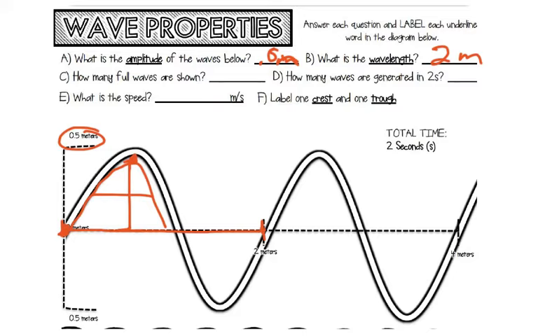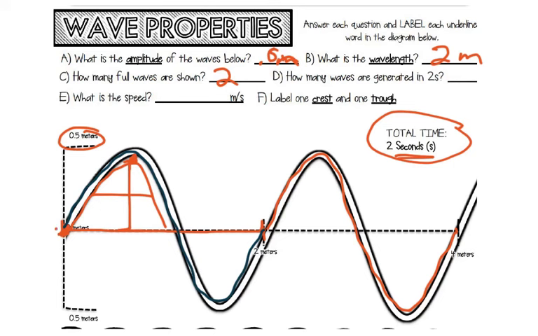How many full waves are shown? Well, if I go from this beginning to its end, that's 1. Beginning to the end, that's 2. So there's 2 full waves. How many waves are generated in 2 seconds? So the total time on this one is 2 seconds.